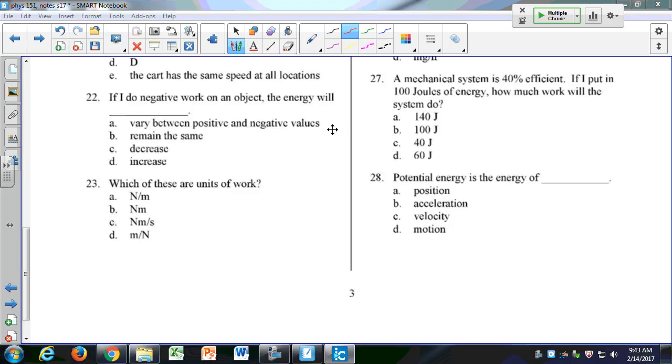So I could say my efficiency is 40%. That's equal to the work output over the energy input, times 100. And so this work is equal to 40. If I have a 40% efficient engine, I put in 100 joules, I get out 40 joules. I lose 60 joules, but I get out 40 joules.